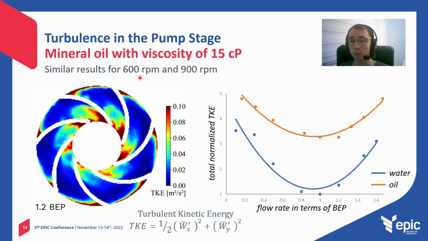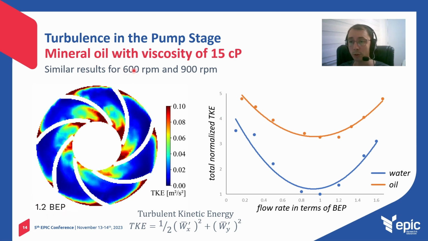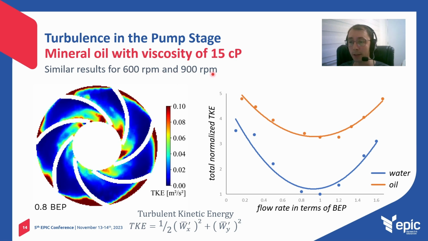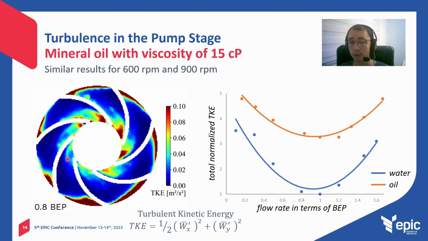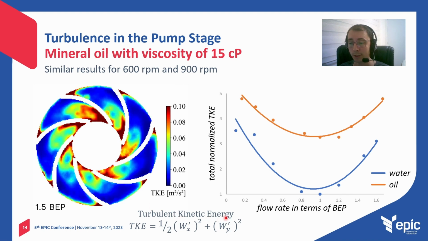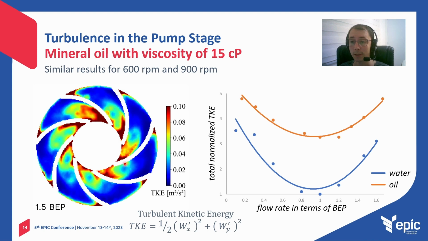Turbulence also changes as a function of the flow rate for the two different rotational speeds analyzed, and we can see here contour plots of the turbulent kinetic energy calculated from velocity fluctuations inside the impeller.